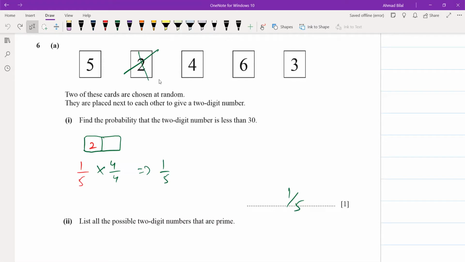Yes, sir. Acha, 25, 24, 23, 26. Yes, so there are 4 possible numbers.